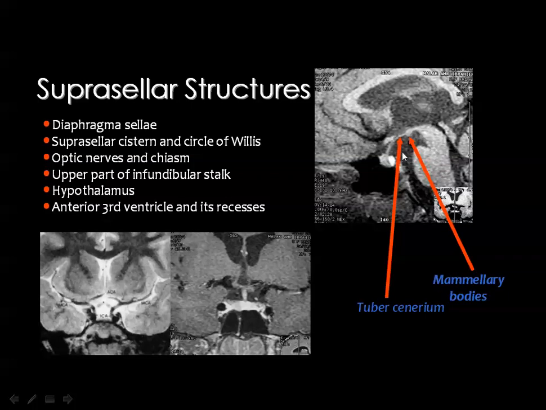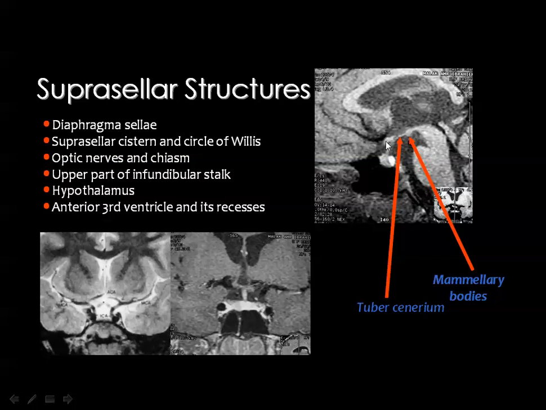Then you can appreciate a very fine CSF space which belongs to the third ventricle and is going through the infundibulum, and this is known as the infundibular recess of the third ventricle.